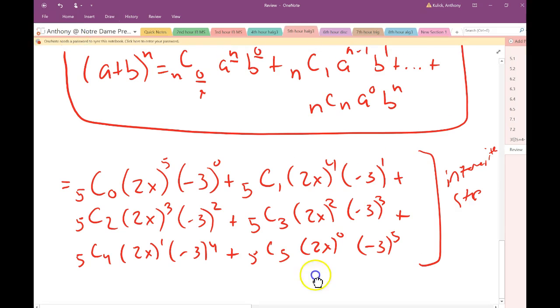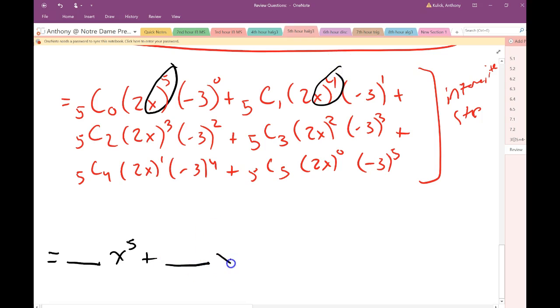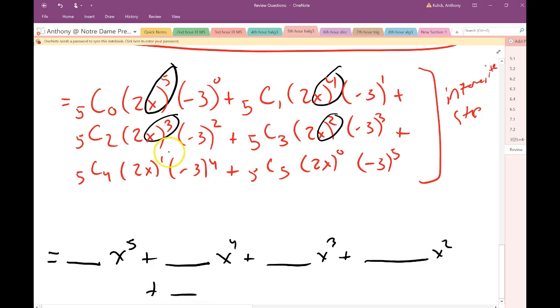So what our final answer is going to look like, I'm going to have something x to the fifth plus something x to the fourth plus something x to the third plus something x squared plus something x plus something x to the 0 or 1, so I'll just write no x in that spot. Everybody okay so far? Nathan?